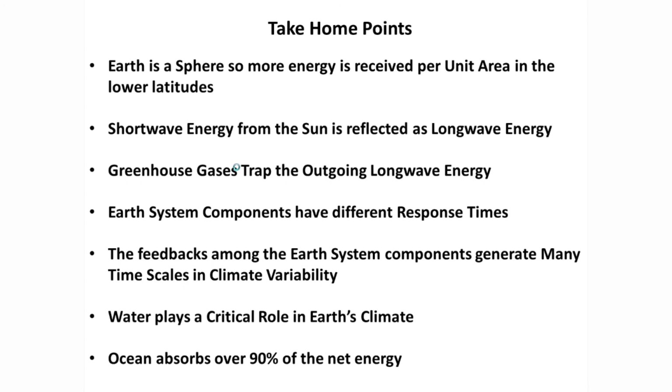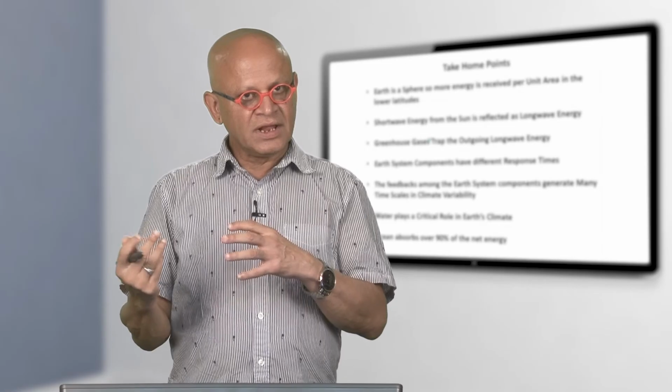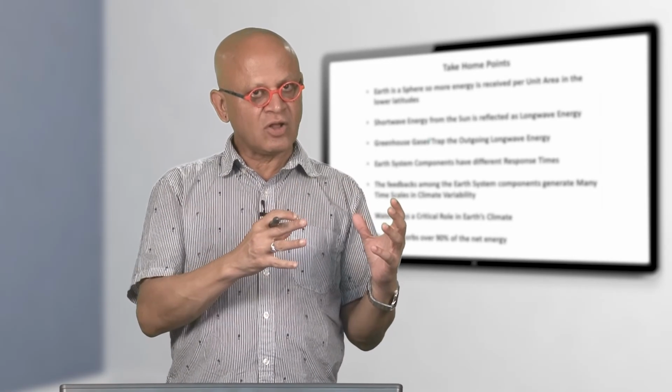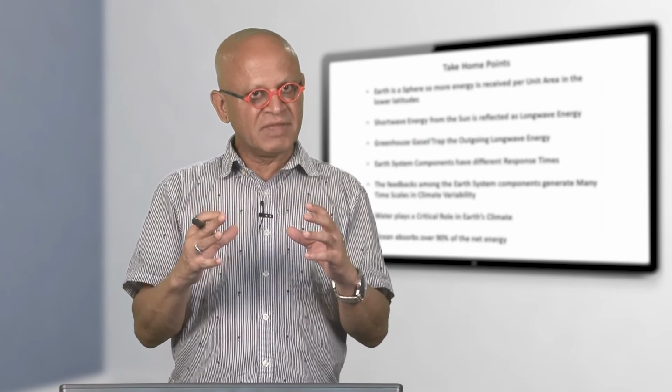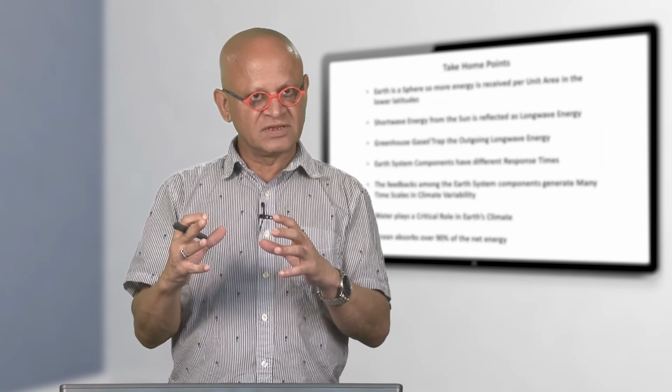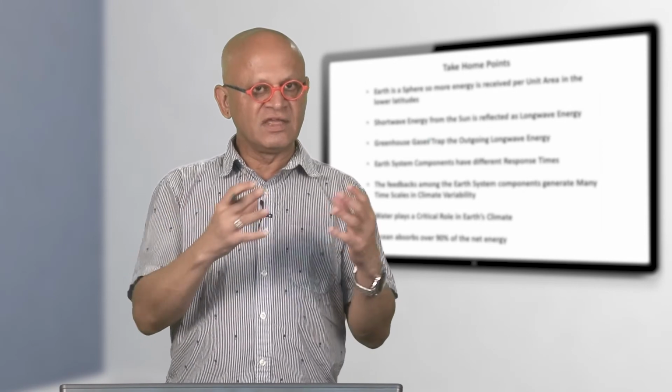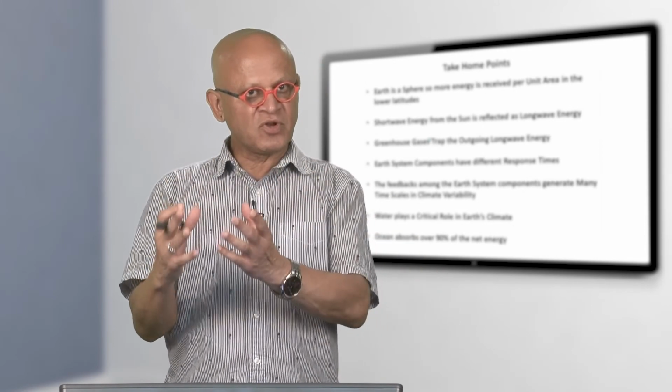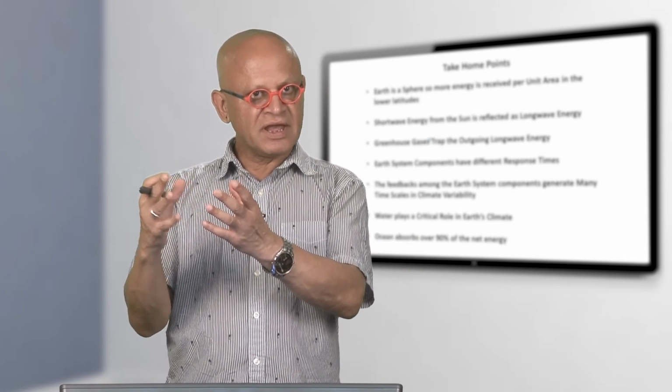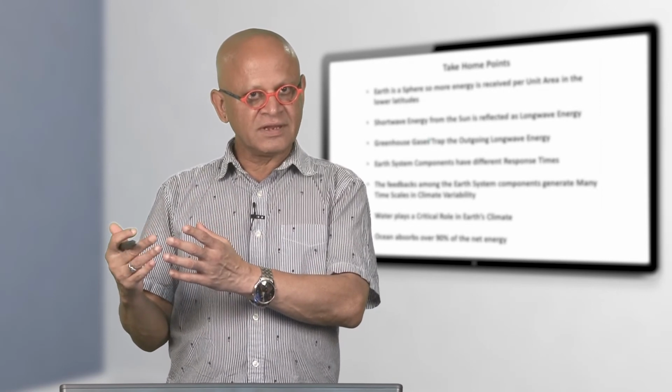The feedbacks among the Earth system components generate many time scales and positive and negative feedbacks. I did not give any examples, but offline we will provide many examples of all the feedbacks. You can think already what they are. Deforestation affects evapotranspiration, microclimate and rainfall, right.